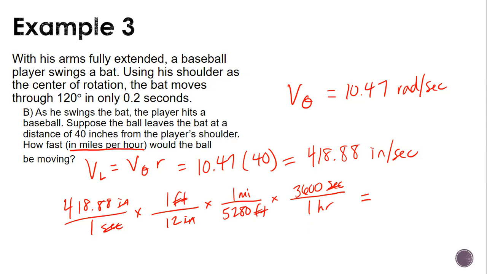So we have 418.88 times 3,600 divided by 12 times 5,280. That's a big number. Not if you do it all together. 23 miles per hour.